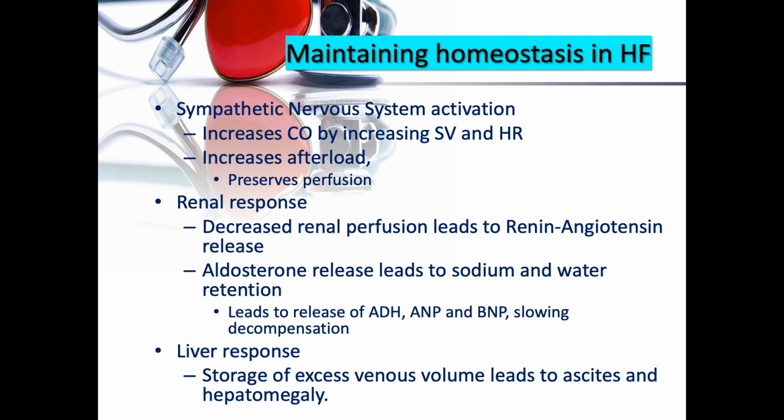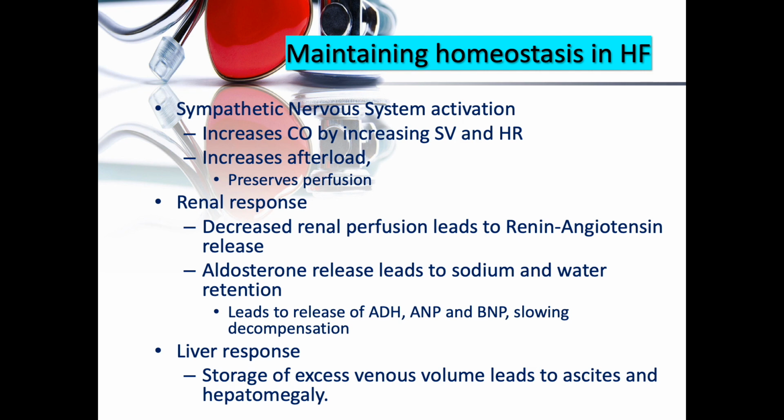One of the first things that's going to happen, therefore, is a sympathetic nervous system response. This increases cardiac output by increasing stroke volume and heart rate. It increases afterload, which preserves perfusion. The renal response occurs because of decreased renal perfusion. This leads to activation of the renin-angiotensin system.